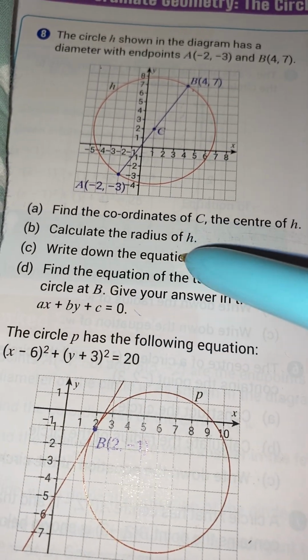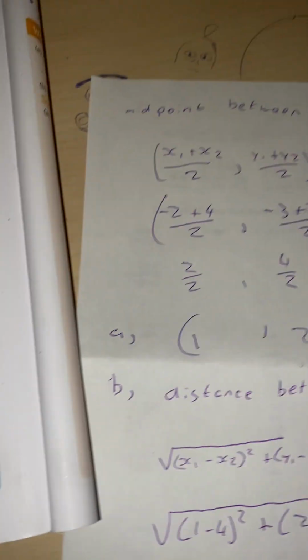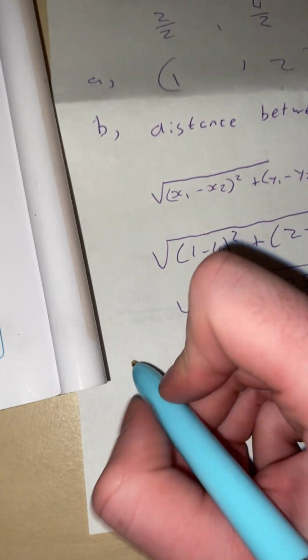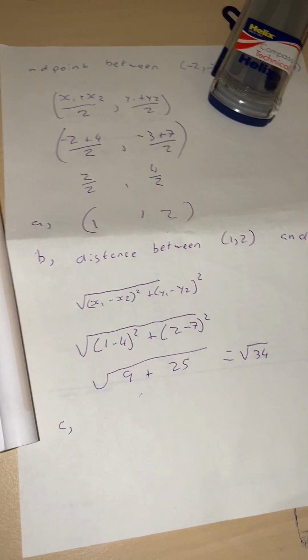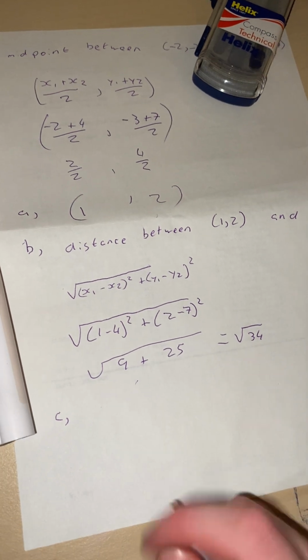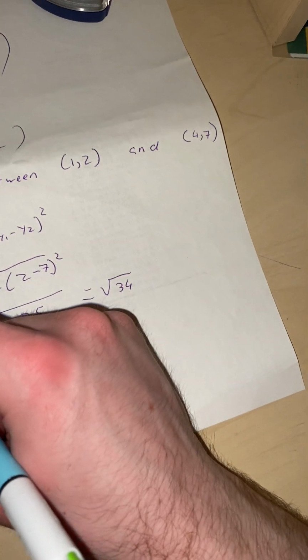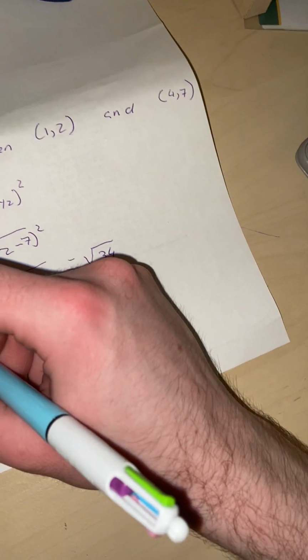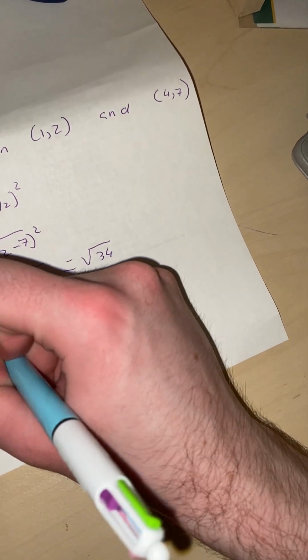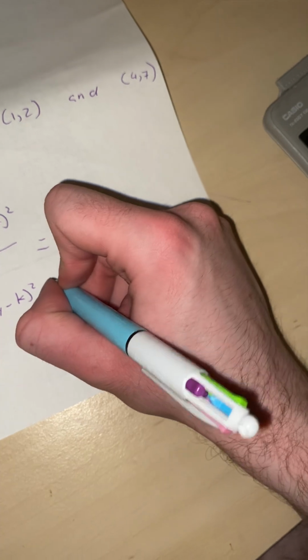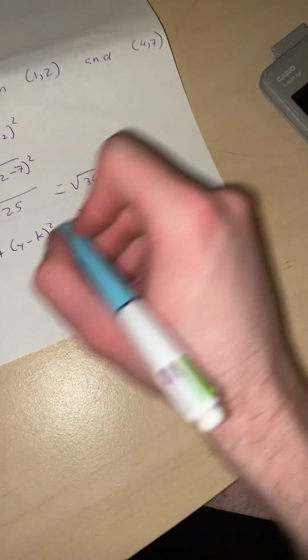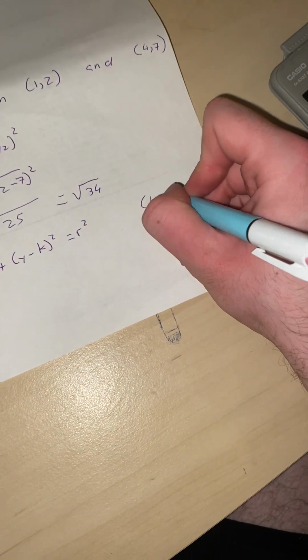Now we can use that to write down the equation of H. Again, another formula we don't need to learn off because it's in the coordinate geometry section of our log tables. The equation of a circle is x minus h squared plus y minus k squared equals r squared, where h, k is the center.